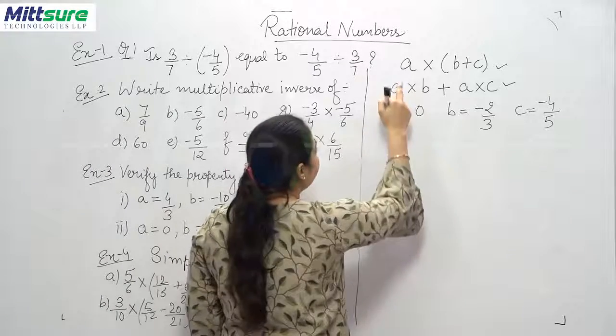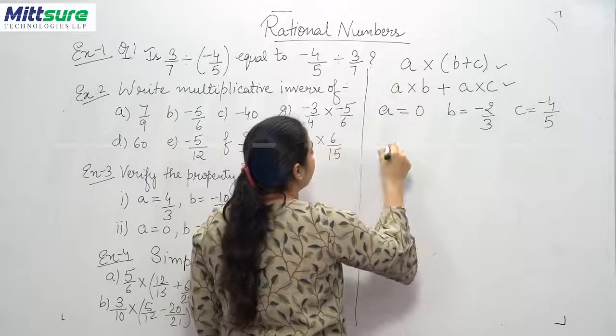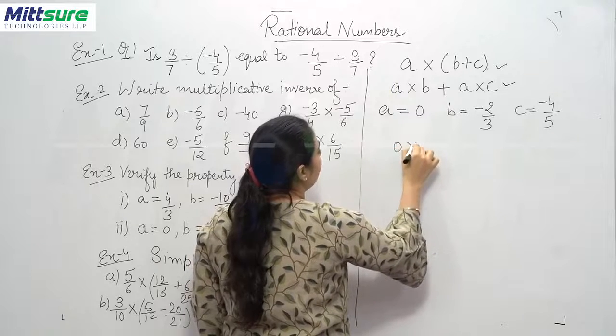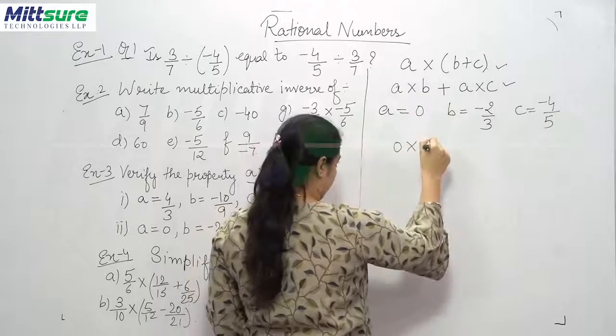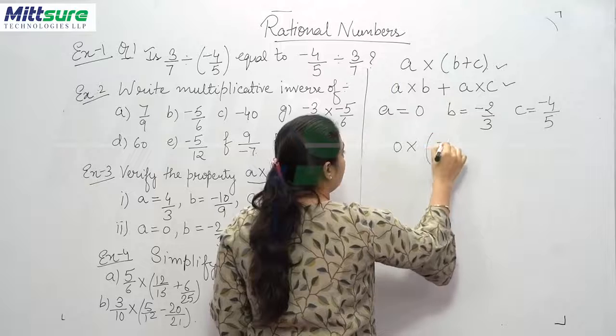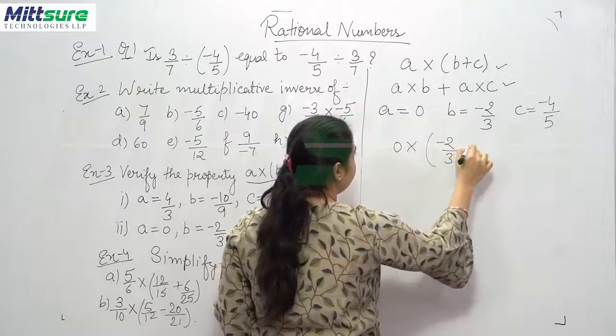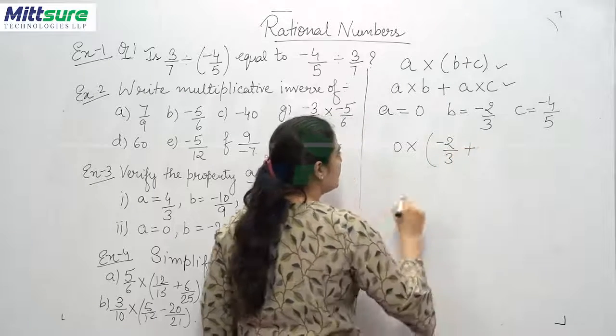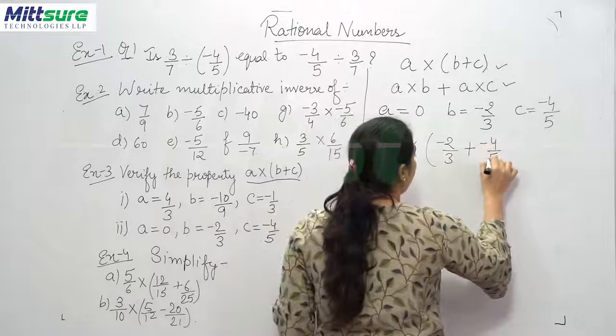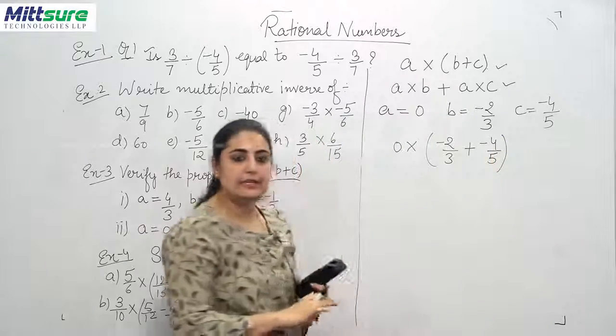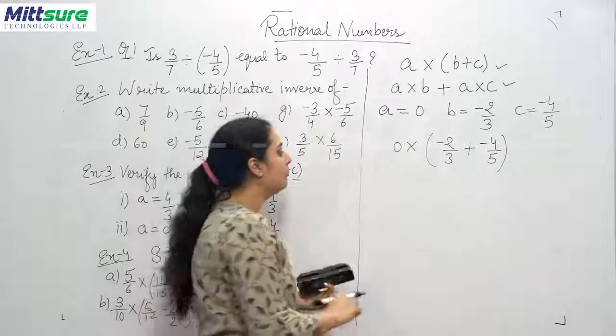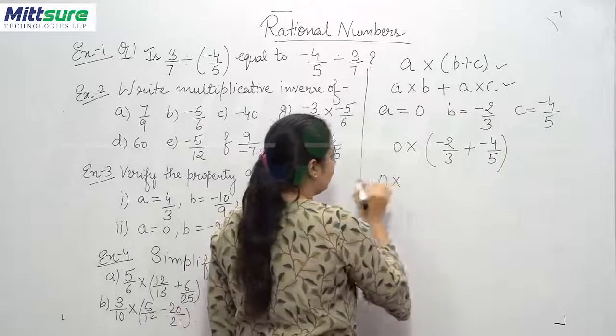So putting the value of A, 0 multiplied by minus 2 upon 3 plus minus 4 upon 5. Okay, this is the given condition. Now 0 will be kept outside.